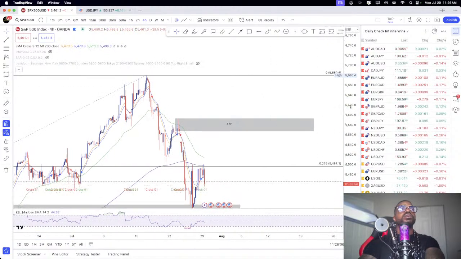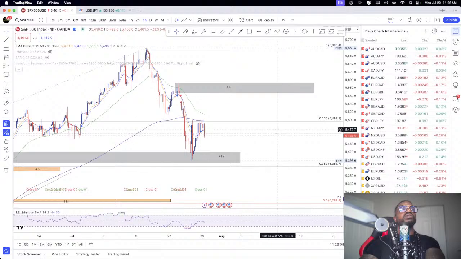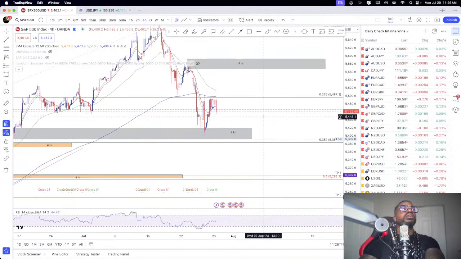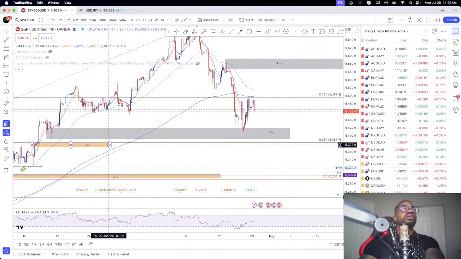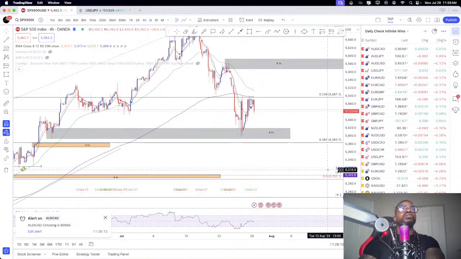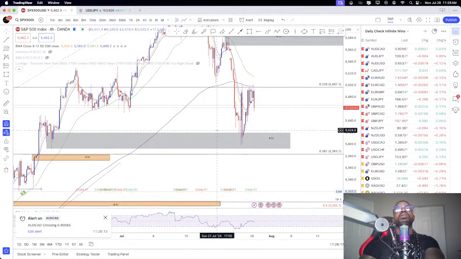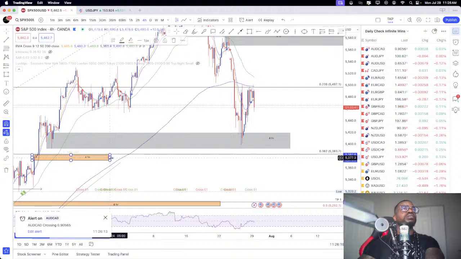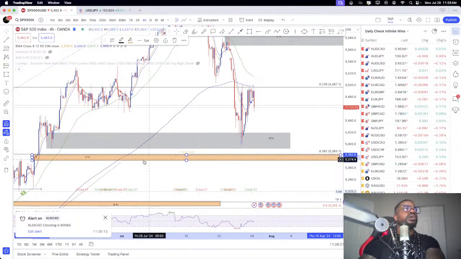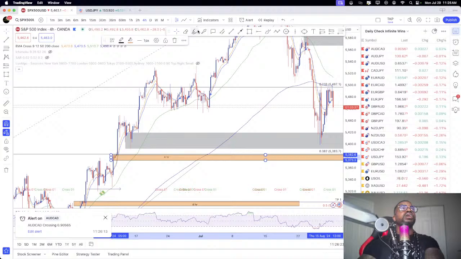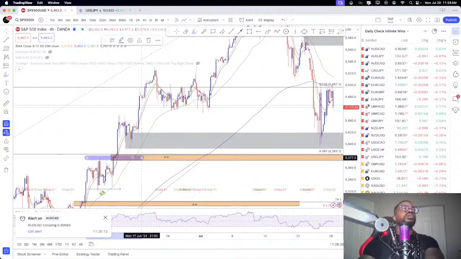Oh damn. That rejected right at the 236. Oh yeah. So this thing could do the same thing that we're looking at on gold. Like I said, create a lower low. Because right here on the 382 was another area where you had range. And you know how that goes, guys.